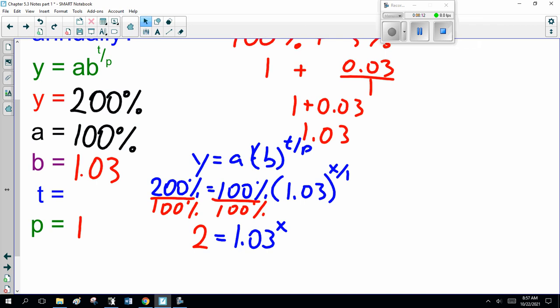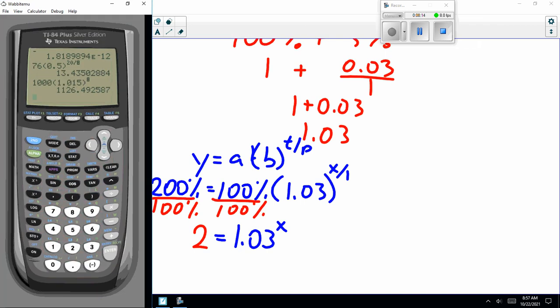That's much nicer. When you graph that, y1 is 2, y2 is 1.03 to the power of x. Oh, my windows are screwed up, sorry. I apologize, I did another graph earlier and I forgot to change my windows.